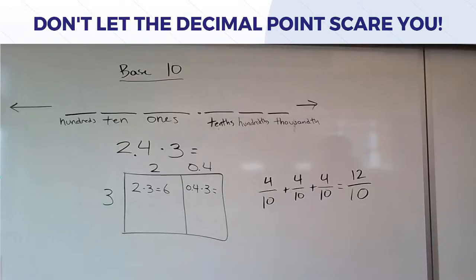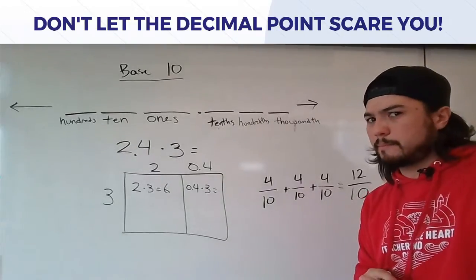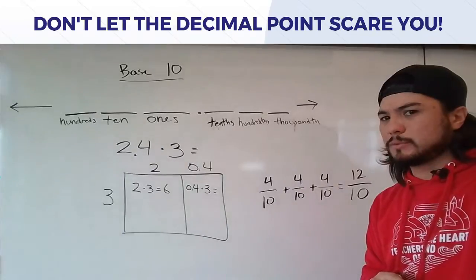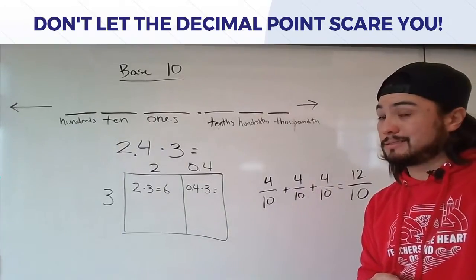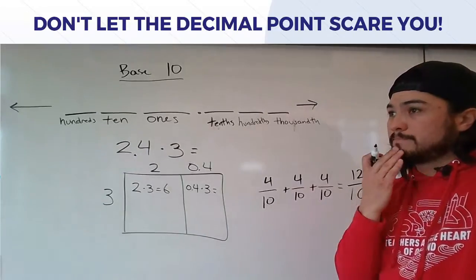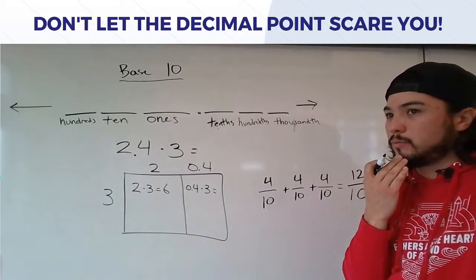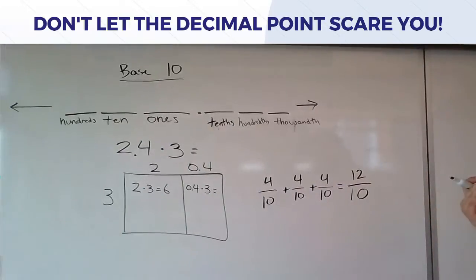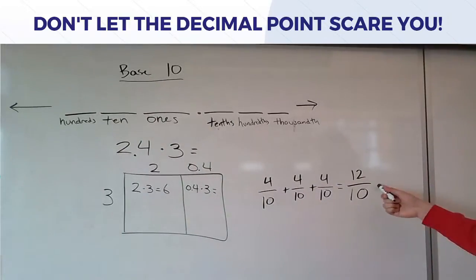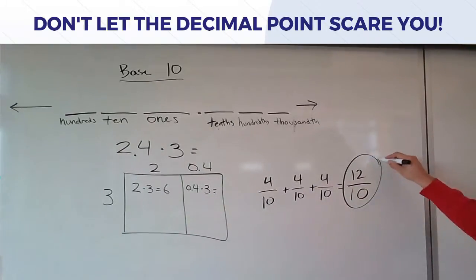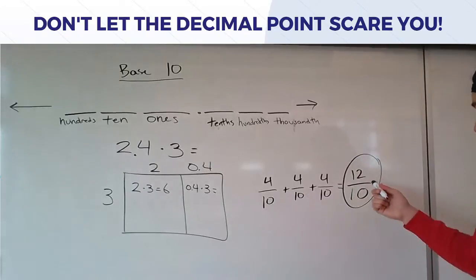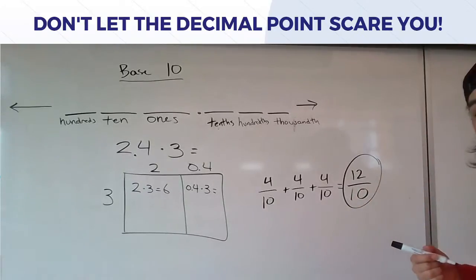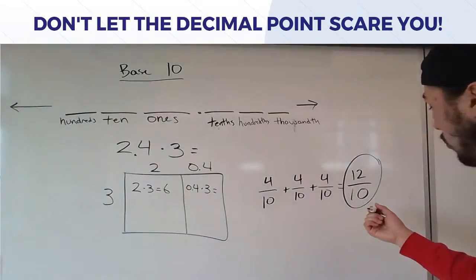Okay, 12 tenths. How do we write 12 tenths as a decimal? That's our next question. What can we do? Can we make a whole number from this fraction? Yeah, right? We have more than 10 tenths, so we can make a whole number out of it.